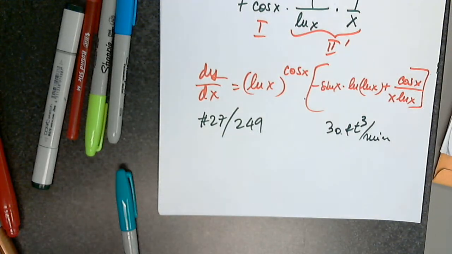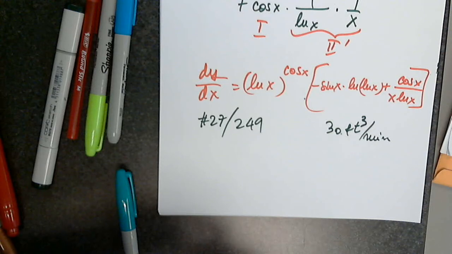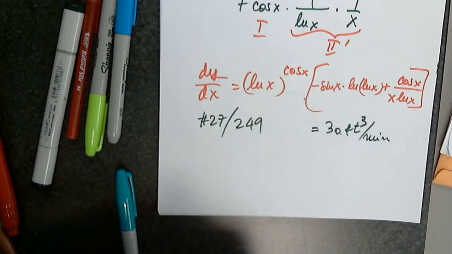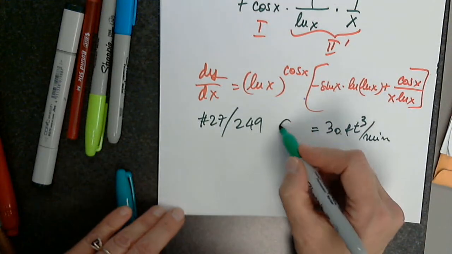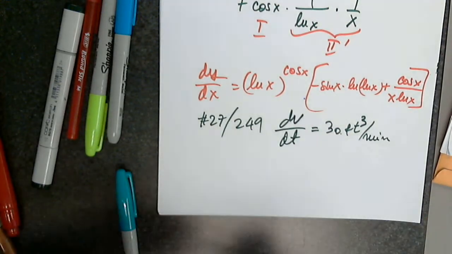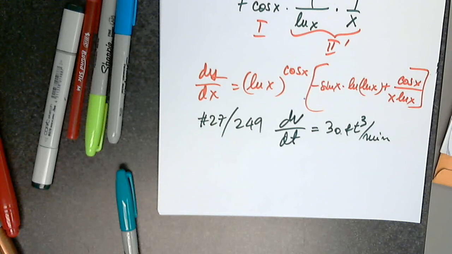The rate, right? Exactly. This has to be very clear. It's cubic feet per minute. It has to be dV over dt. Agreed? Okay, perfect.